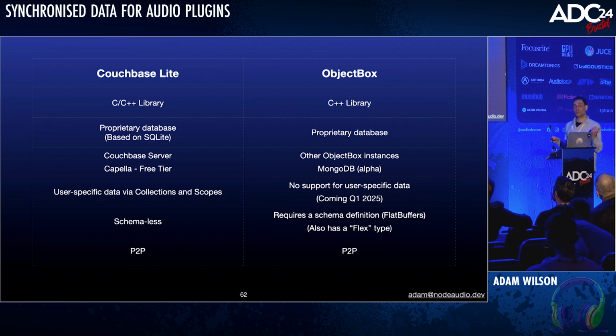So it's quite nice if you're, say, working with value trees and converting them and saving them to a database like this, because your structure might change, your types might even change, so you don't need to worry so much about coming up with the schema ahead of time. There's also a possibility of peer-to-peer with Couchbase Lite.